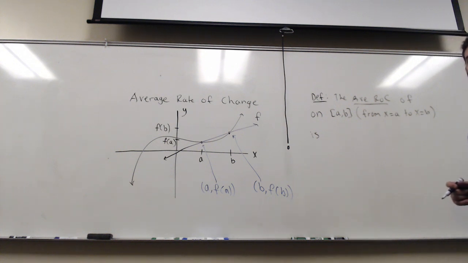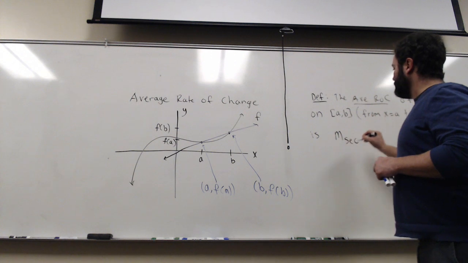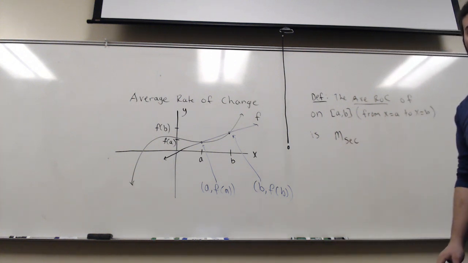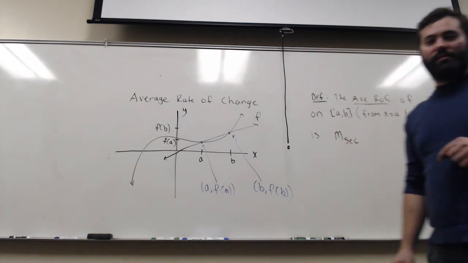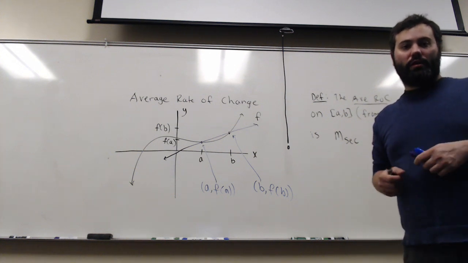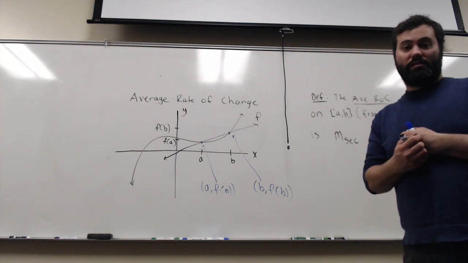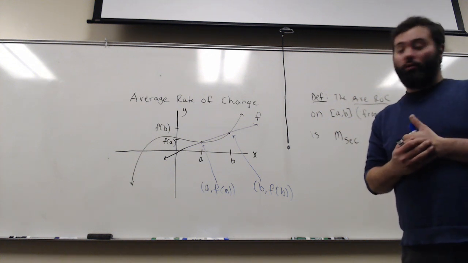Sorry, let me step out of the way. It's going to be denoted this way. I'll write m for slope, and the subscript SEC stands for secant. Any line between two points on a graph is called a secant line, and the average rate of change is just the slope of the line going through those two points.